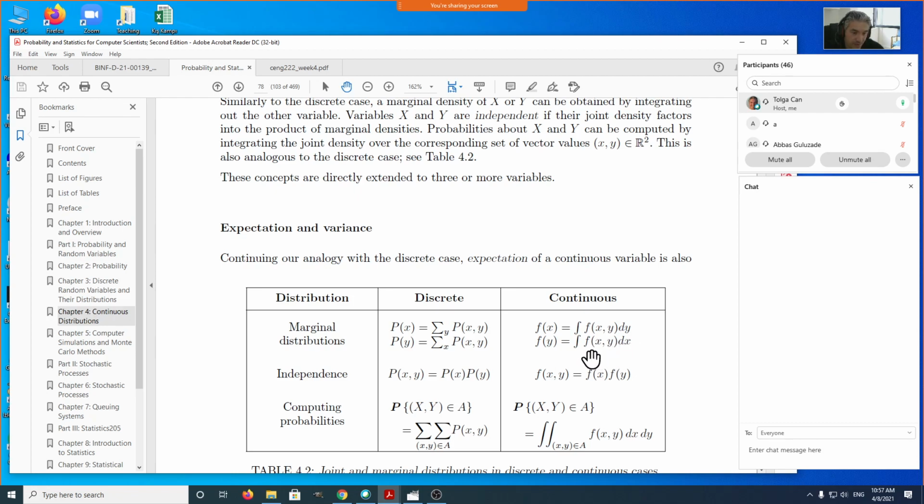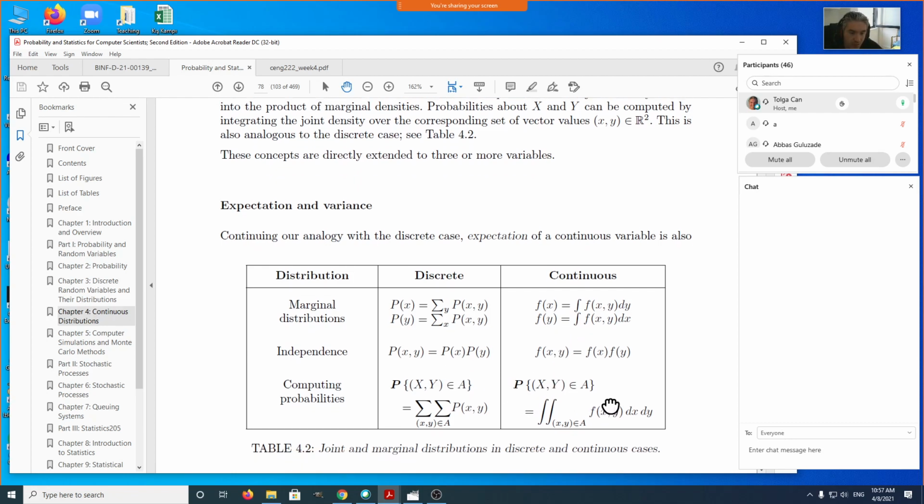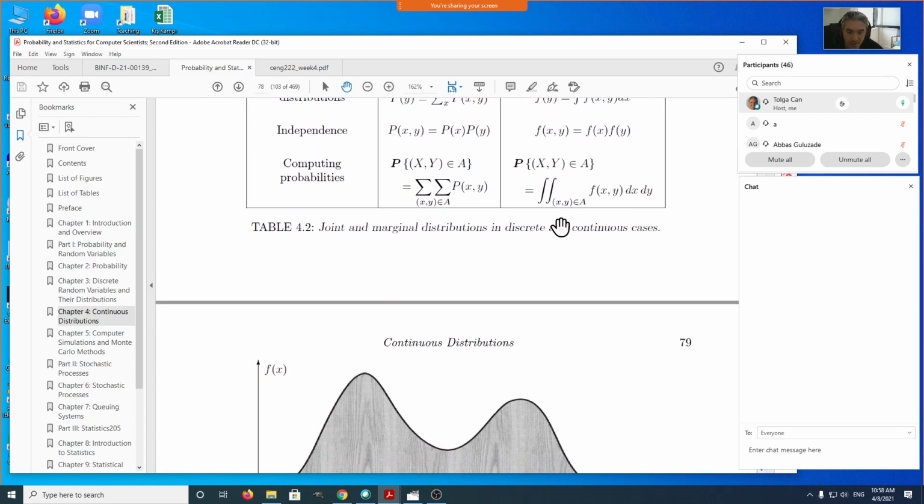Even if we have this two-dimensional function with two parameters, if you integrate over all possible values of x, you get the individual marginal probability density function for y. As I said, the discrete and continuous cases are analogous. Summations are turned to integrals, and everything else remains the same. The independence and computing probabilities will all be very similar.